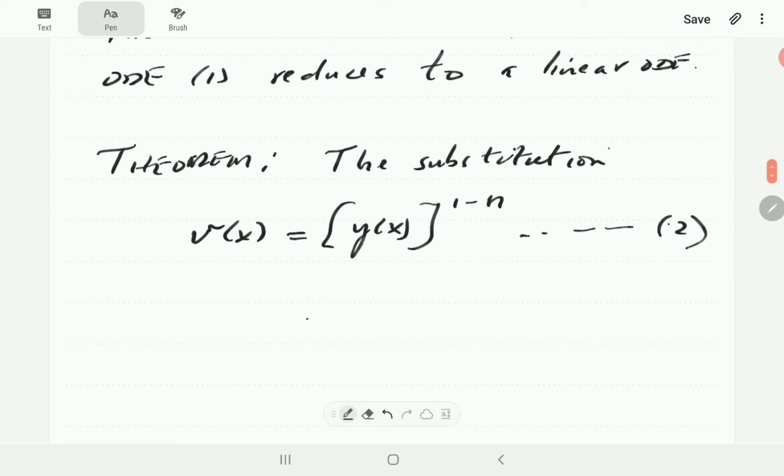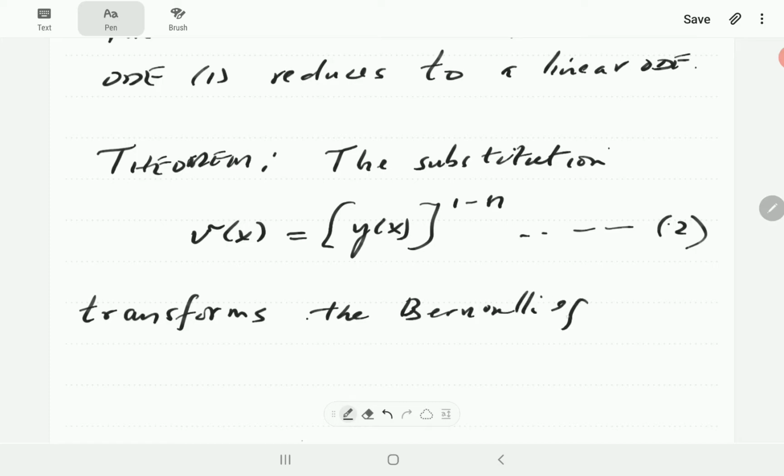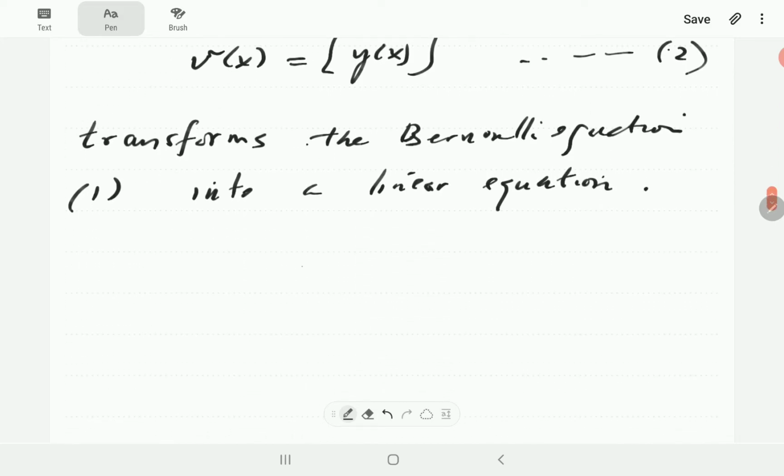So the substitution v is y to the power 1 minus n transforms the Bernoulli equation 1 into a linear equation.